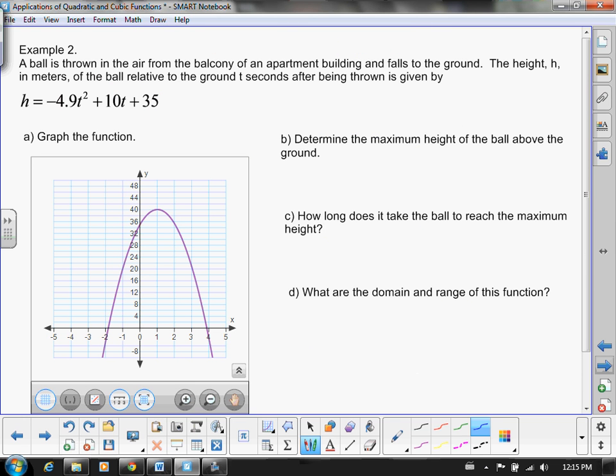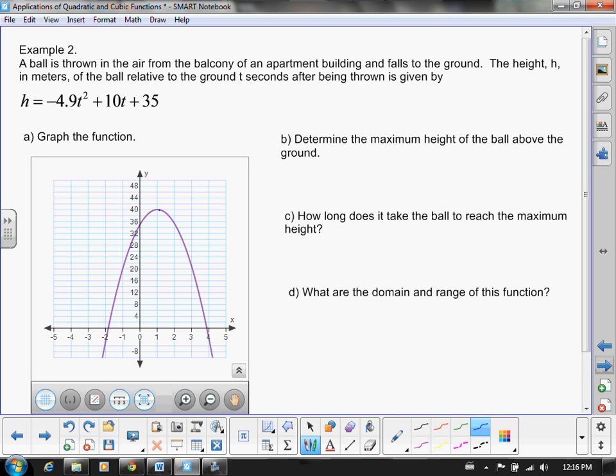The next example, we're starting off with a ball being thrown from a balcony. And it's modeled by negative 4.9t squared plus 10t plus 35. Here's the graph of the function. Once again it's a parabola that's opening downwards, which tells us we're going to have a maximum value.